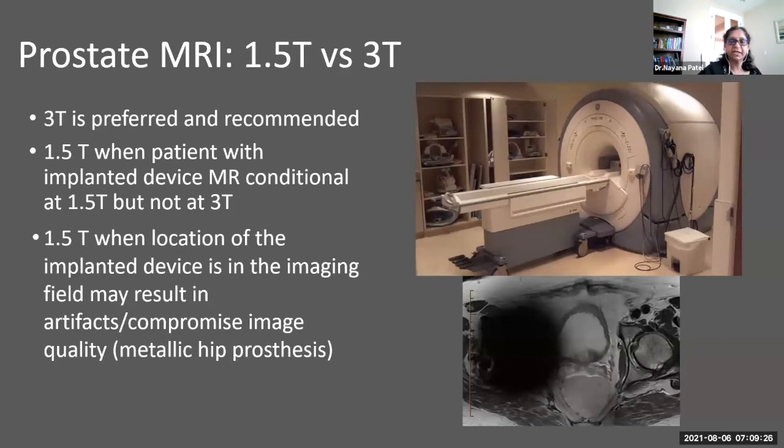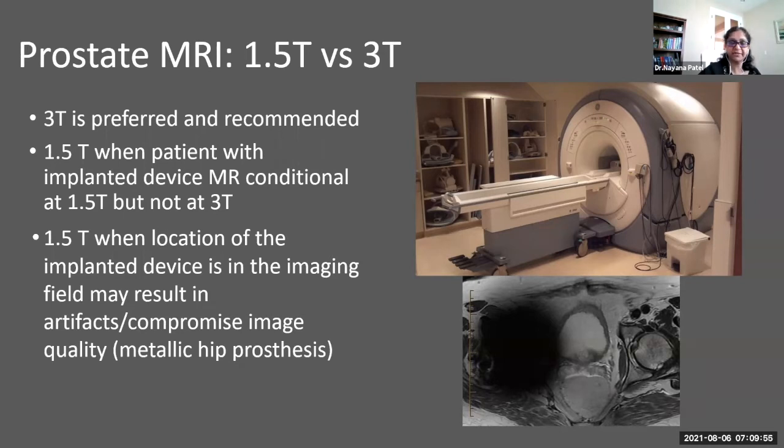in the literature, multiparametric MRI can be performed on a 1.5 Tesla as well as on a 3 Tesla scanner. However, 3 Tesla is preferred and recommended. A 1.5 Tesla scanner should be used when the patient has an implanted device which is MR conditional at 1.5 Tesla, but not at 3 Tesla.